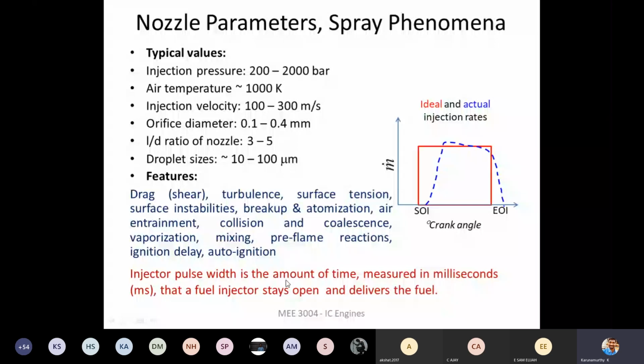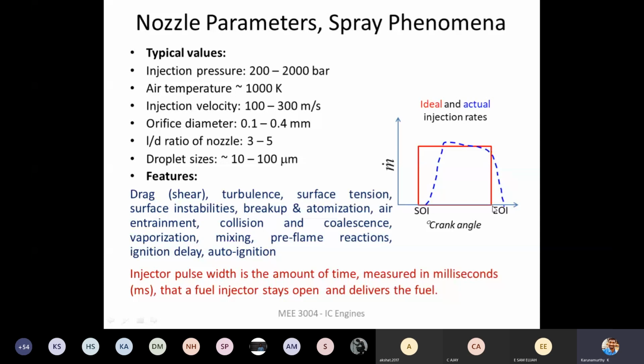So now let us say this is the ideal case which we want to achieve. This is the start of fuel injection, right? The mass flow rate goes from 0 and reaches this maximum value, and it should remain at the maximum for a certain time period, in milliseconds or in terms of the crank angle turn. This can be expressed in degrees or in milliseconds.